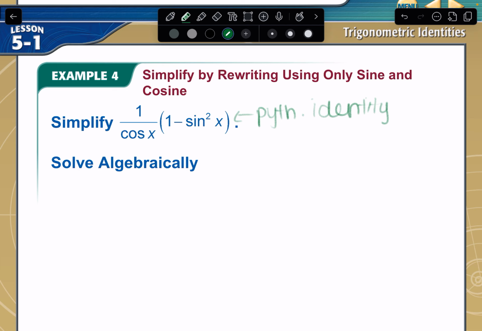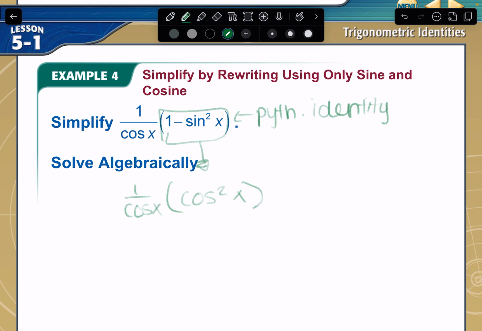That is the one that has sine and cosine in it, which is the one that I'm going to use. One of the other ways that we wrote it was that cosine squared equals 1 minus sine squared. I have 1 minus sine squared, so I am going to change this part right here to cosine squared. So I have this, which I'm keeping, and I'm changing this to cosine squared.